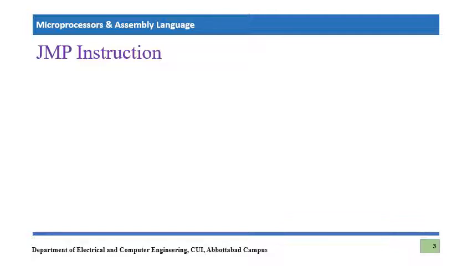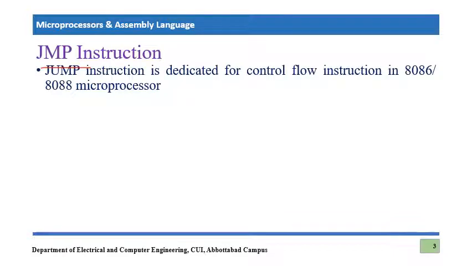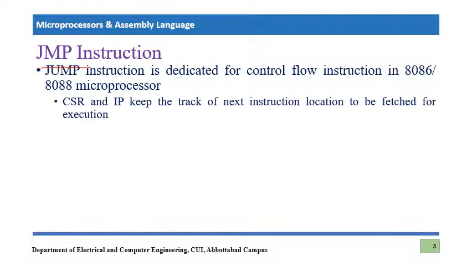So the jump instruction is a very important instruction, and let's see what we are going to learn about it. The jump instruction is dedicated to control flow in the 8086 or 8088 microprocessor. As I told you, whenever one is going to talk about control flow instructions, the very first instruction that comes into the mind of any microprocessor programmer will be the jump instruction.